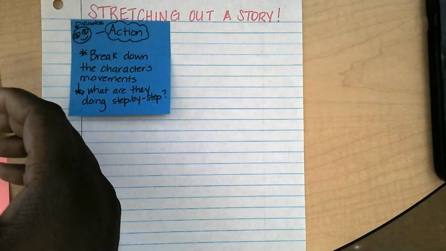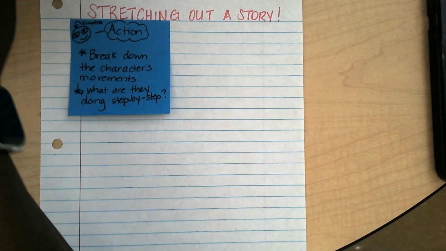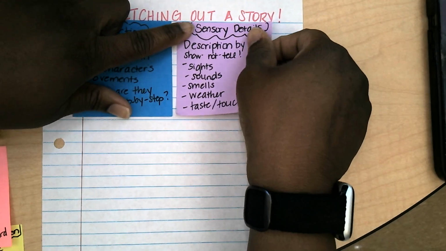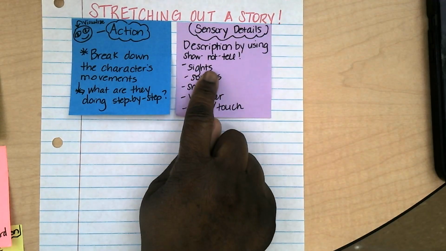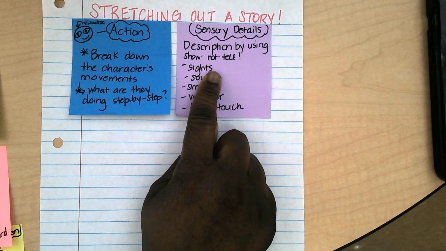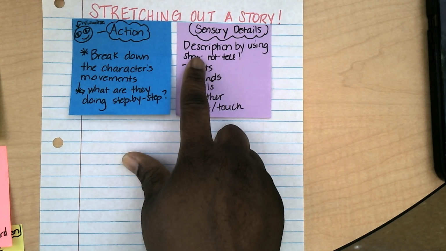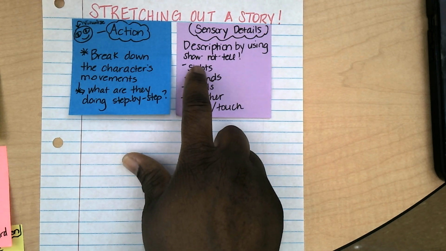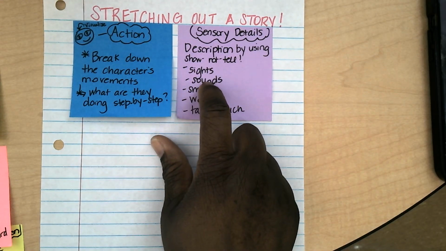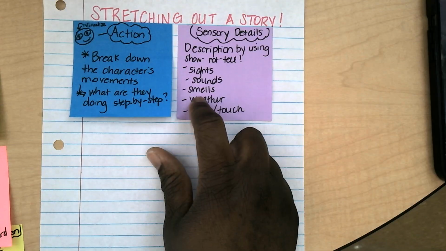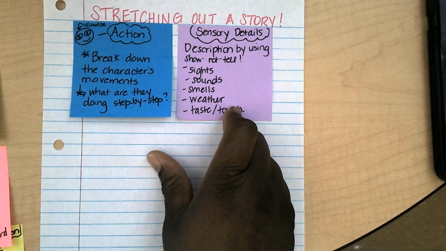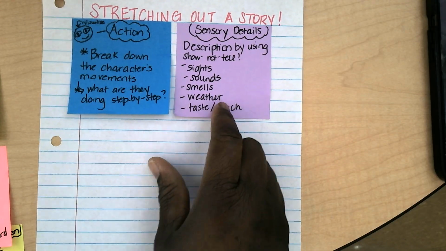Another strategy they can use is sensory details. This is definitely something that they should be using in their writing. We also call that show, not tell. We want to engage the reader's senses so that they can visualize what they're seeing in the story: sounds they're hearing, smells they have, how something tastes, how something feels, the weather, all of that.